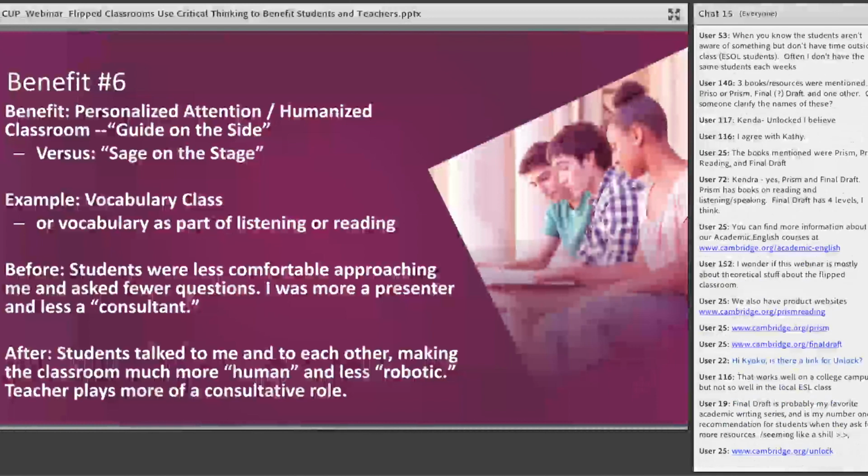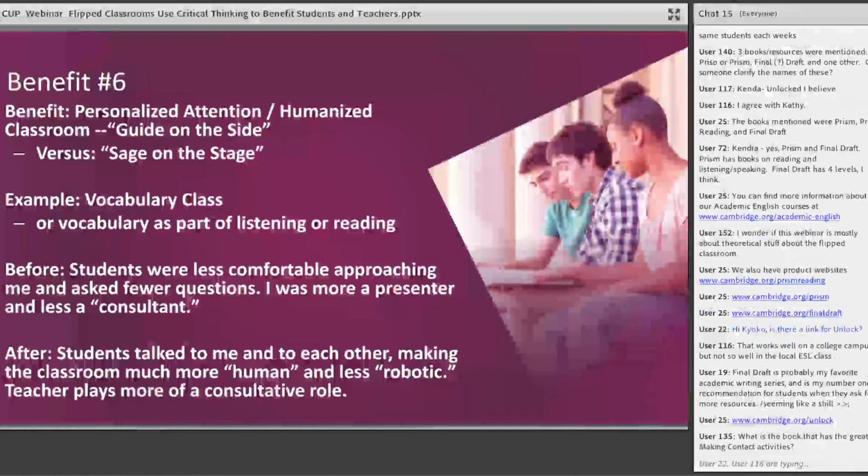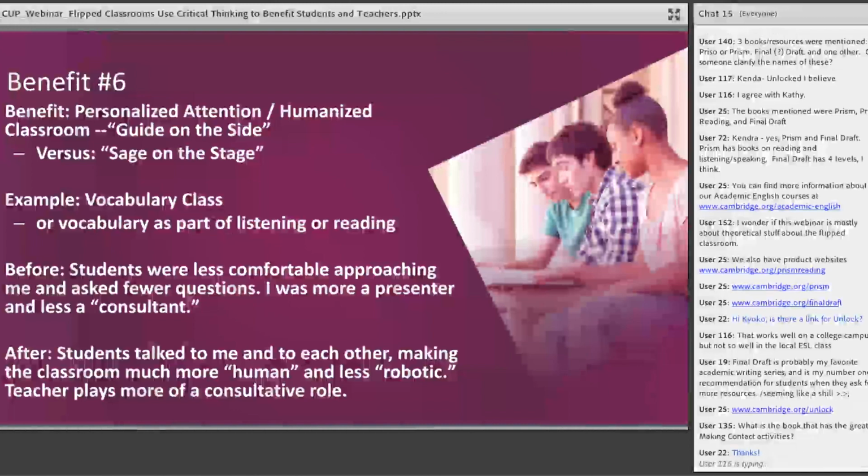I realized that no matter how interactive my course was, and ESL classes are very, very interactive, I was still the ESL teacher and the students were still the students. Once I began flipping, you actually present less information in class, and my class time was spent roaming the room, helping individuals, sitting with groups, moving from one student to another. I was able to deliver more personalized attention to my students.